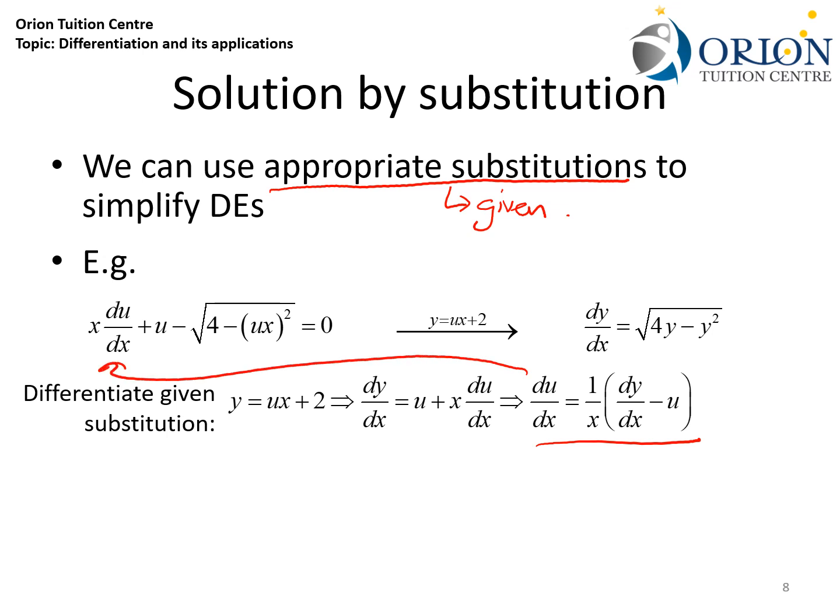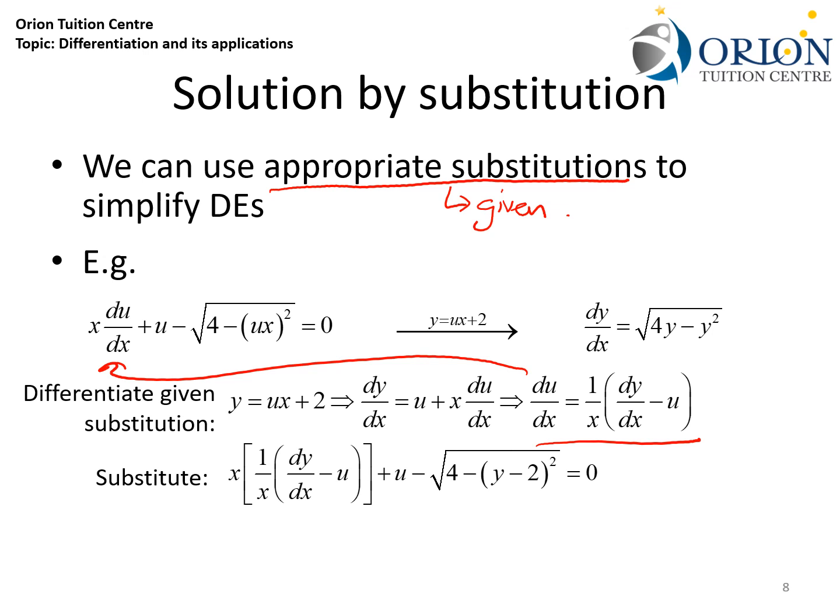Now, we can substitute both the given substitution and its derivative into the original DE. Since u becomes y, we do not change the x, and we substitute du dx into the equation. Also, we will change the ux term into y minus 2, as given by the original substitution.